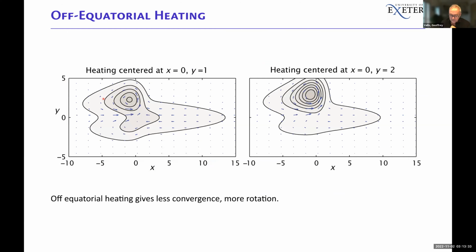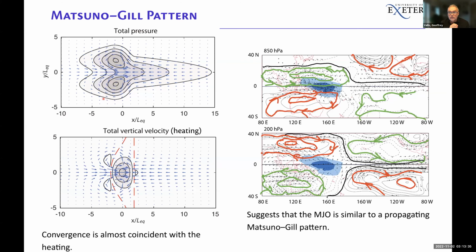Geoff, may I ask you a question? Before, you have shown the baroclinic structure. Often, if I remember well, the Matsuno-Gill pattern is studied in a barotropic model. Am I correct? Yes and no. It is a baroclinic structure, but it's a single vertical mode. Let me just go back to here.